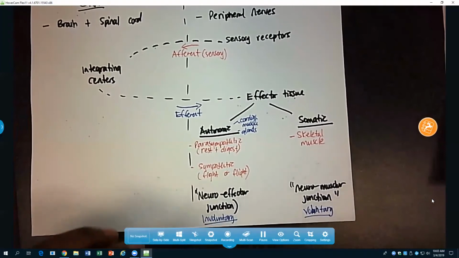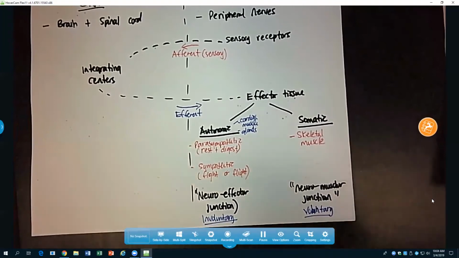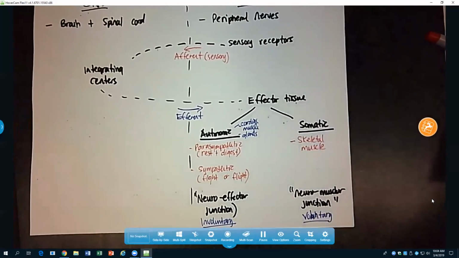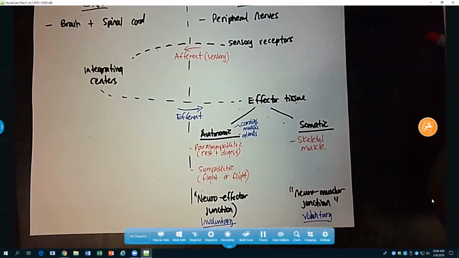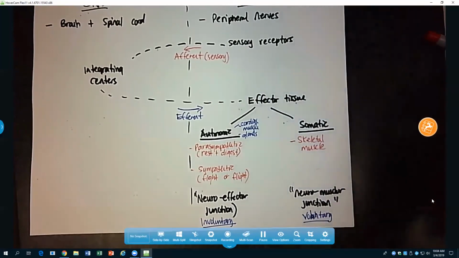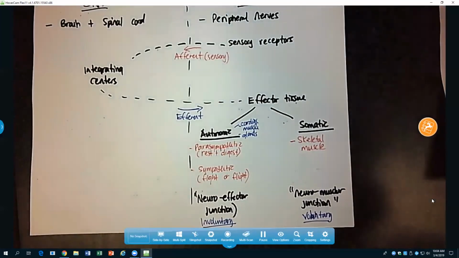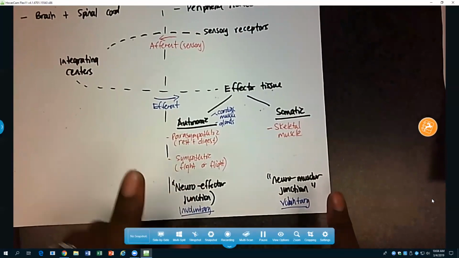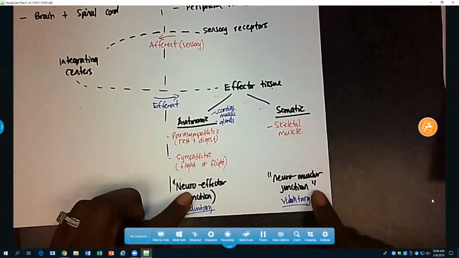All right, which means that we have control over the somatic nervous system, so the skeletal muscle. Okay, that's the general organization of the nervous system. And again, this is exactly where we're going to pick off for chapter 11, talking about the autonomic nervous system and the somatic nervous system.